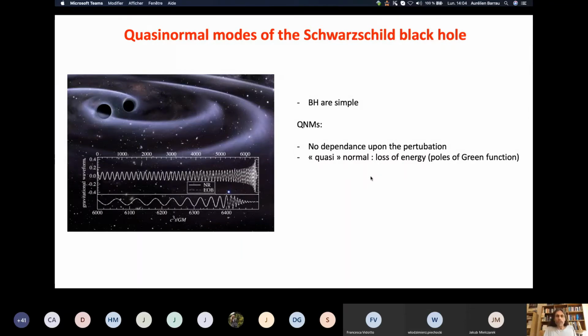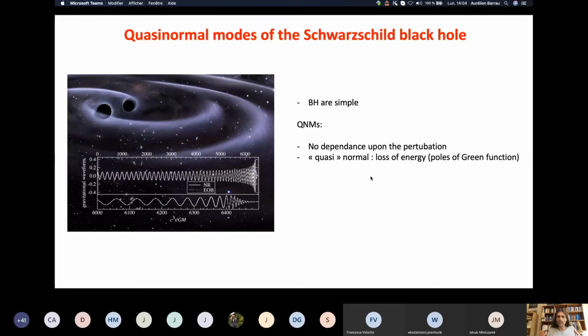quasi-normal modes. So the fact is that black holes are very simple objects, actually, because they are just spheres of geometry. We are not concerned with equations of state or complicated matter or things like that. They are basically empty solutions of the Einstein field equations. And that's very fortunate because it means that when we study the way they relax, we have no dependence upon the kind of perturbation.